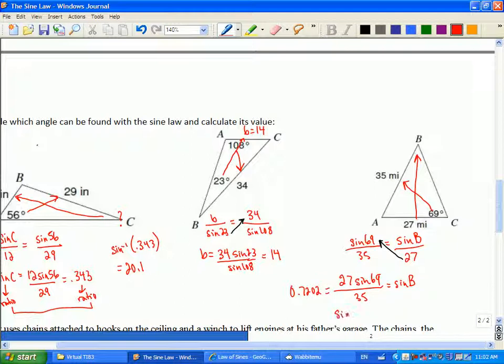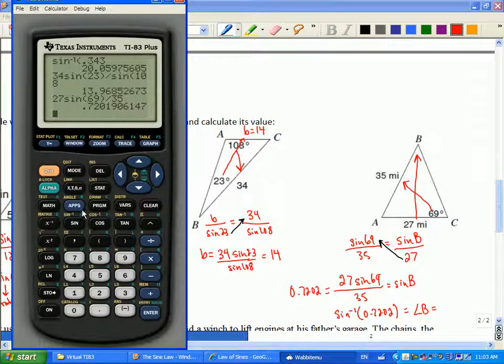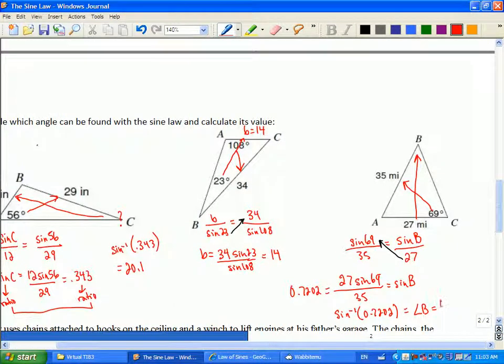The sine inverse of 0.7202 is equal to angle B. So that'll be the sine inverse of my answer there. So it should be 46.1 degrees. 46 is okay. Yeah, 46 is okay as well.